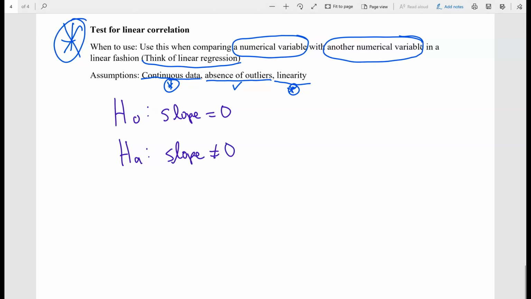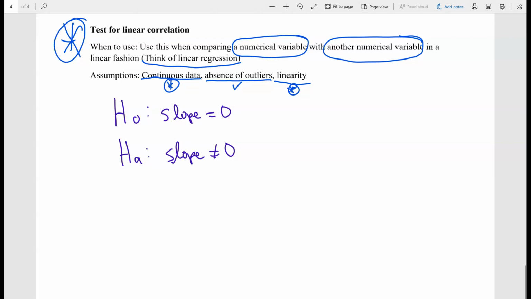Okay, we're just going to write it like that. In many other classes, you might actually see the word rho. So rho is equal to 0 or rho is not equal to 0. You might actually be seeing this. We're not going to do this in this class. We're just going to write slope. Okay, so it really just depends. If you are a person who is not in my class, maybe what you're looking for is rho.